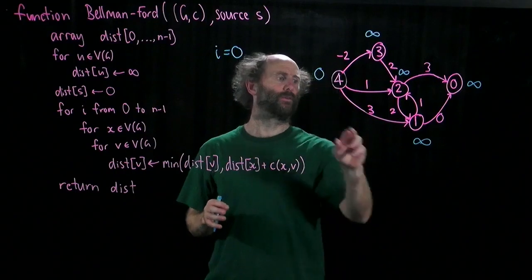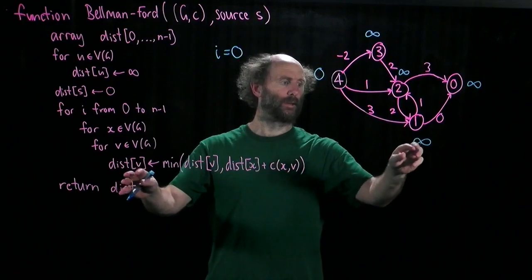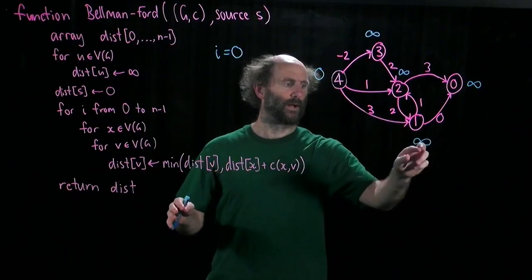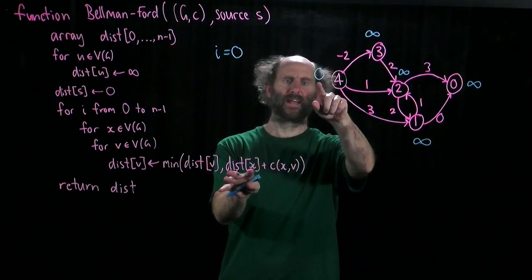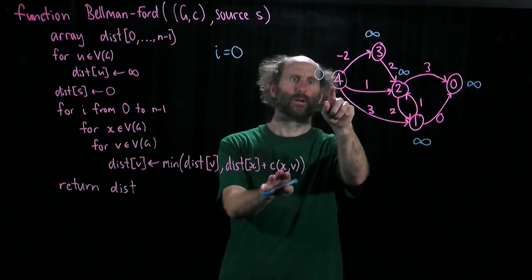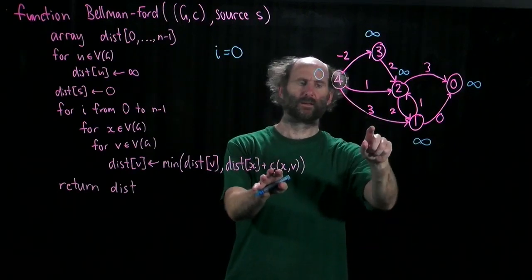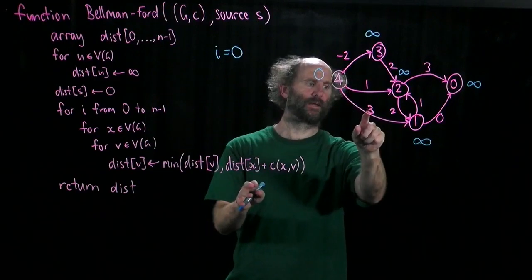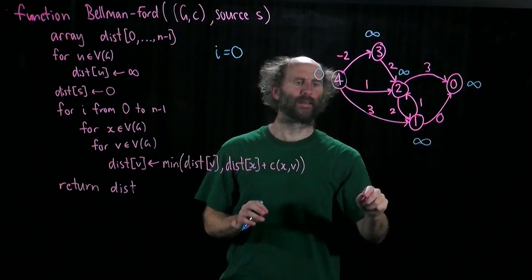So x is 4, v is 1. We say, can we improve the value infinity by considering the dist to x, which is 0, plus the cost of going from 4 to 1, which is 3? So 0 plus 3, which is certainly less than infinity, so we update that.